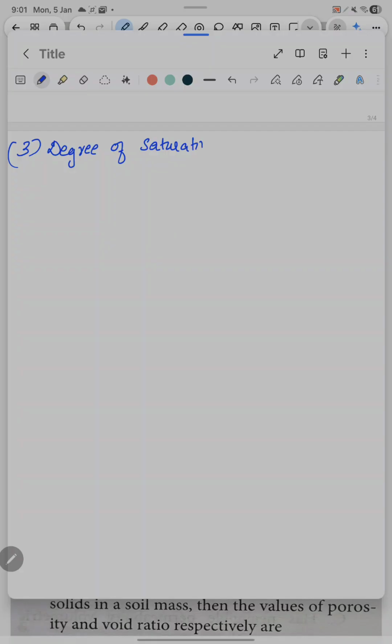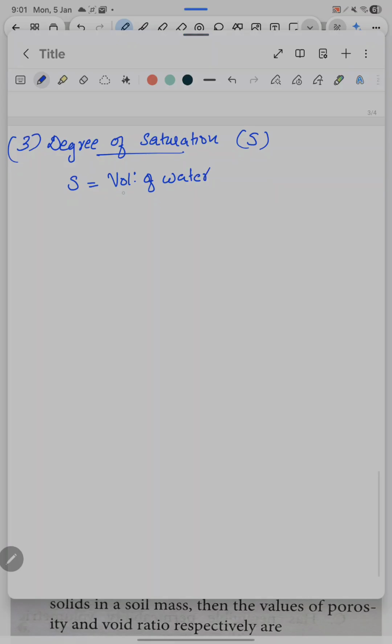Degree of saturation is denoted by S. We can define S as the ratio of volume of water to volume of voids.